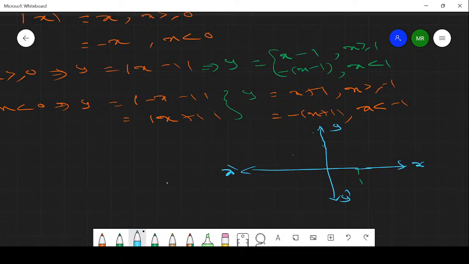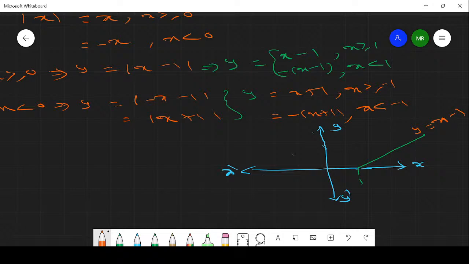Be careful here. I am drawing that x equal to 1, and the line will go up, x equal to 1 or more than 1, because this is the line graph of y equal x minus 1.